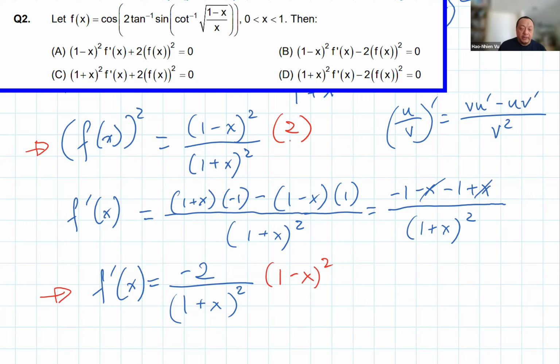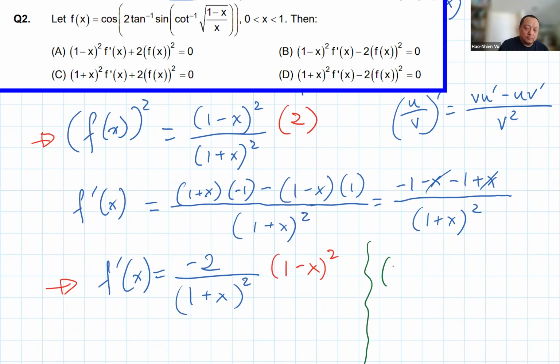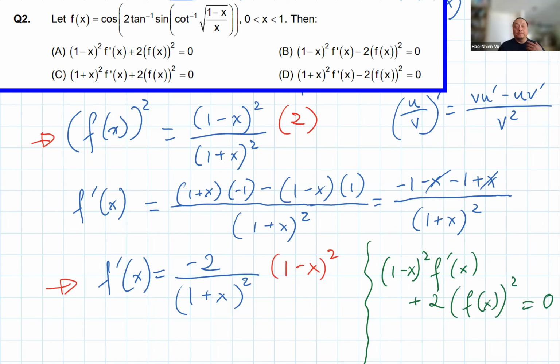Then they would be canceling out. So it looks like if I multiply f prime by 1 minus x quantity squared, then I'll get the opposite of 2 times f(x) squared. Therefore, the answer is choice A.